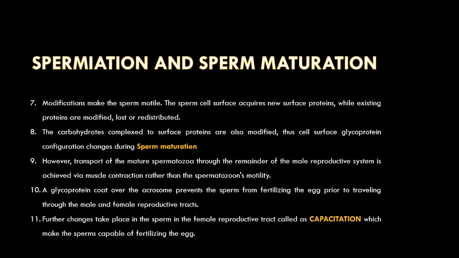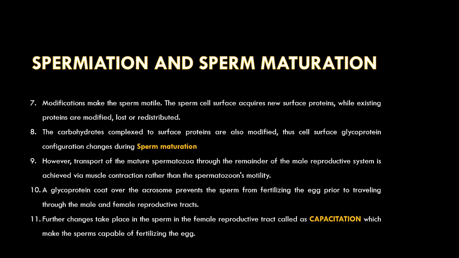However, students, you need to remember, even though the sperm has become motile, it will not start moving. The mature spermatozoa move through the reproductive system via muscle contractions of the reproductive tract rather than by the spermatozoon's own motility. So they do not use their own axial filament or tail for the movement.